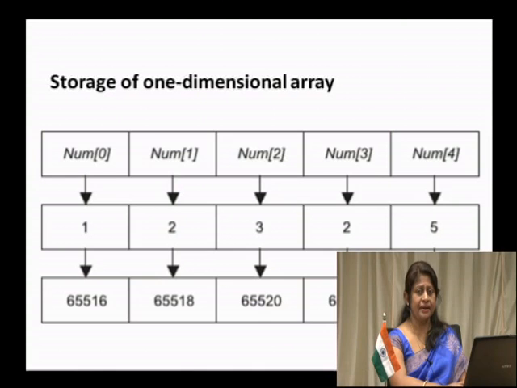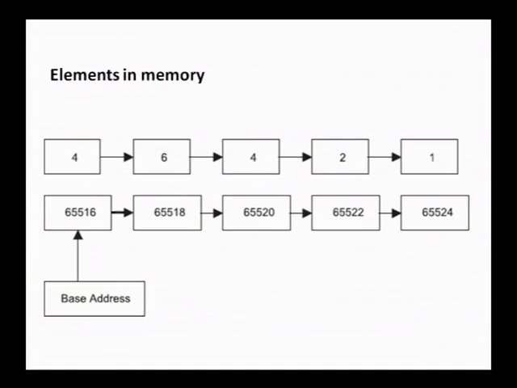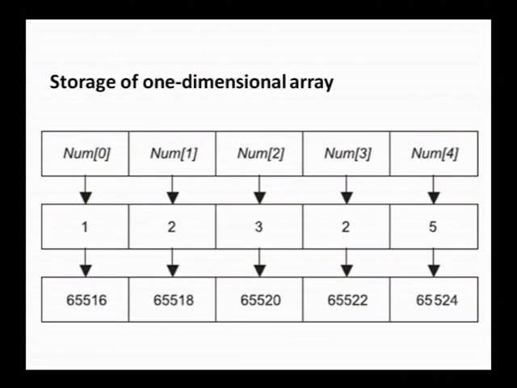So, how is the actual storage of this array done in the memory? We could see that we have the numbers say 1, 2, 3, 2 and 5.